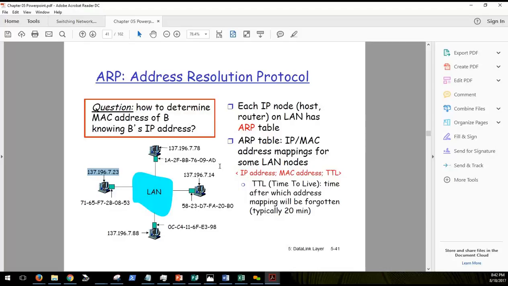So could we make the assumption that the subnet mask is 255.255.255.0? Three times 255, then .0.